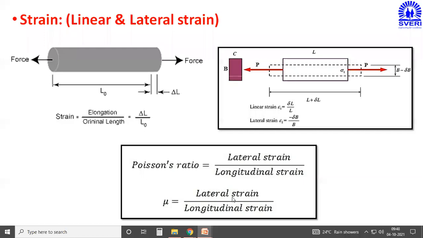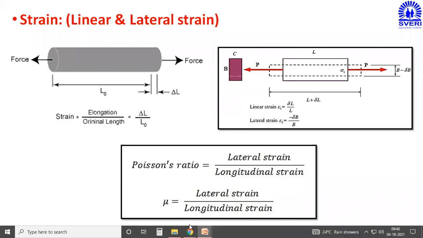Based on these two definitions, we have a constant parameter called Poisson's ratio. Poisson's ratio is equal to lateral strain upon longitudinal strain, and this longitudinal strain is also called linear strain. So the ratio of lateral strain upon linear strain is called Poisson's ratio.